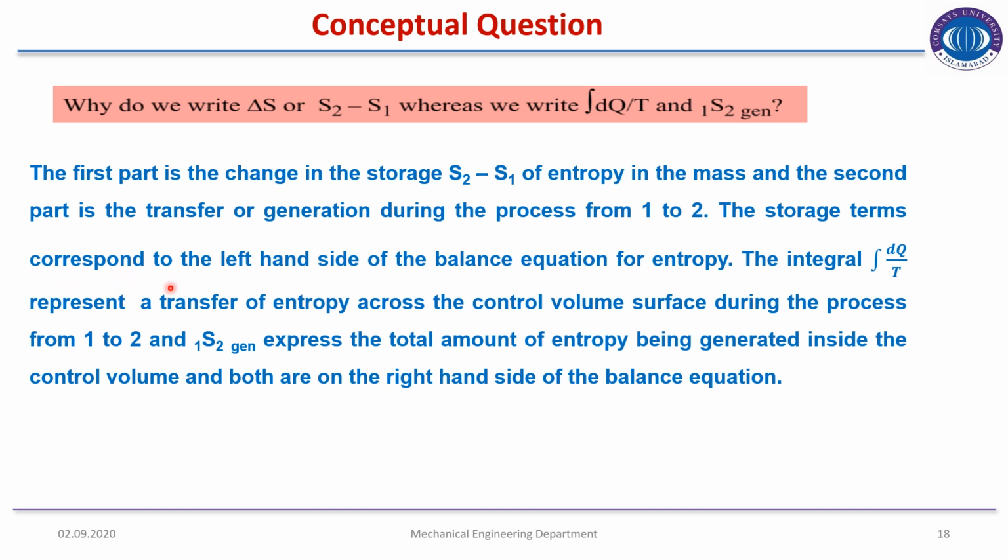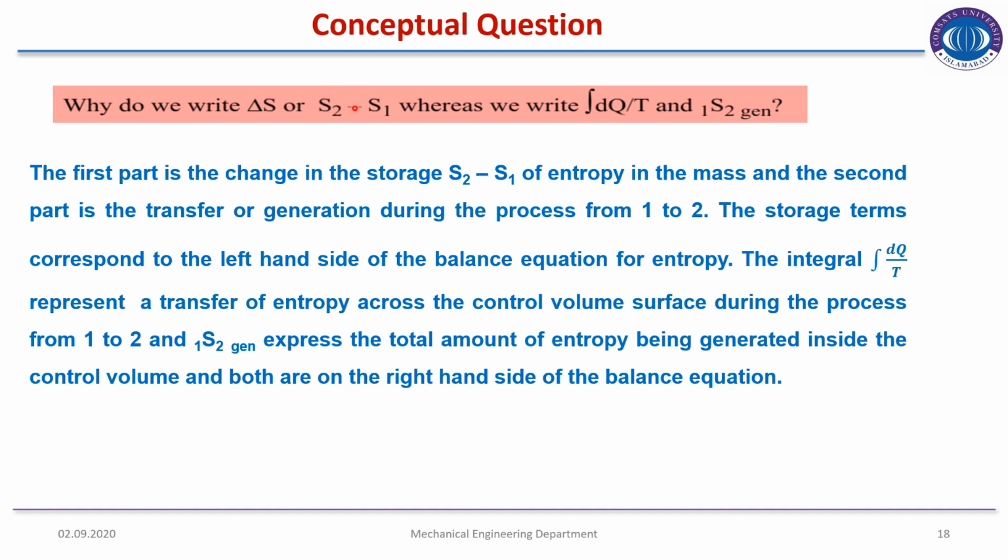The storage term corresponds to the left hand side of the balance equation for entropy. The integral of dQ by T represents a transfer of entropy across the control volume surface during the process from 1 to 2, and S1 to 2 generation expresses the total amount of entropy being generated inside the control volume, and both are on the right hand side of the balance equation.